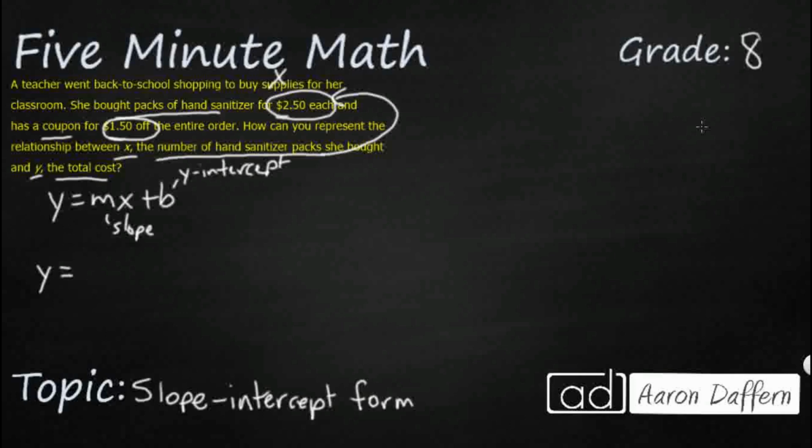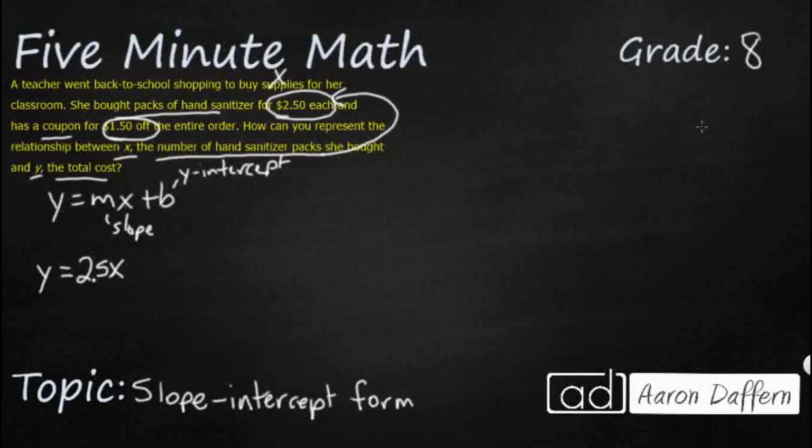So one would cost $2.50, two would cost $5, and so on. So we're going to multiply the number of packs by the cost, $2.50 each. I'm going to drop the dollar sign and the 0 and make it just 2.5x. That's how we represent money right there.